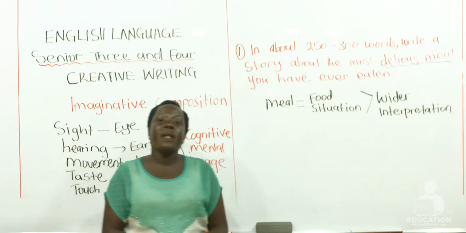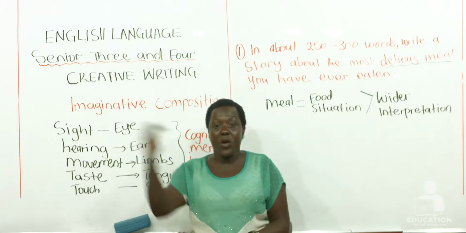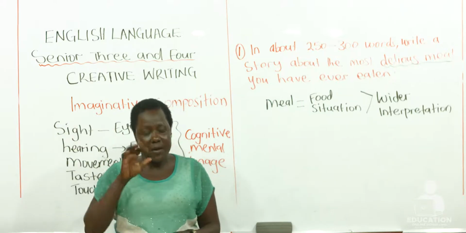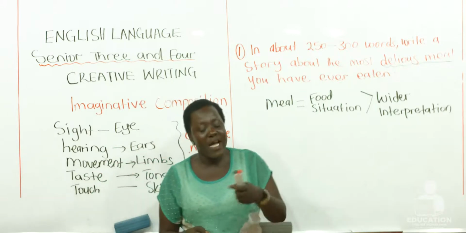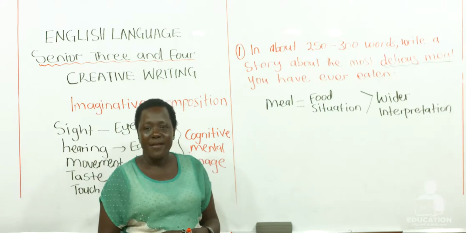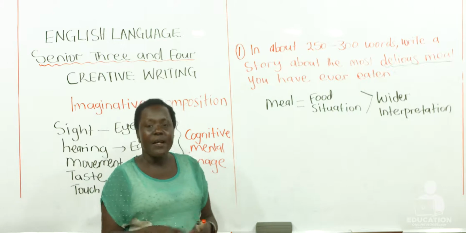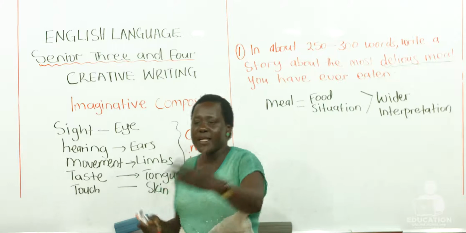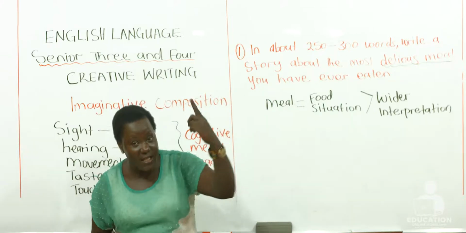Although many examiners would blame this boy for being out of morality, what I can tell you, my dear teachers and students out there, is that we are not teachers of morality. We look at the linguistic aspect of your work. So our major idea here is the linguistic ability. Are you able to write that situation in correct English?